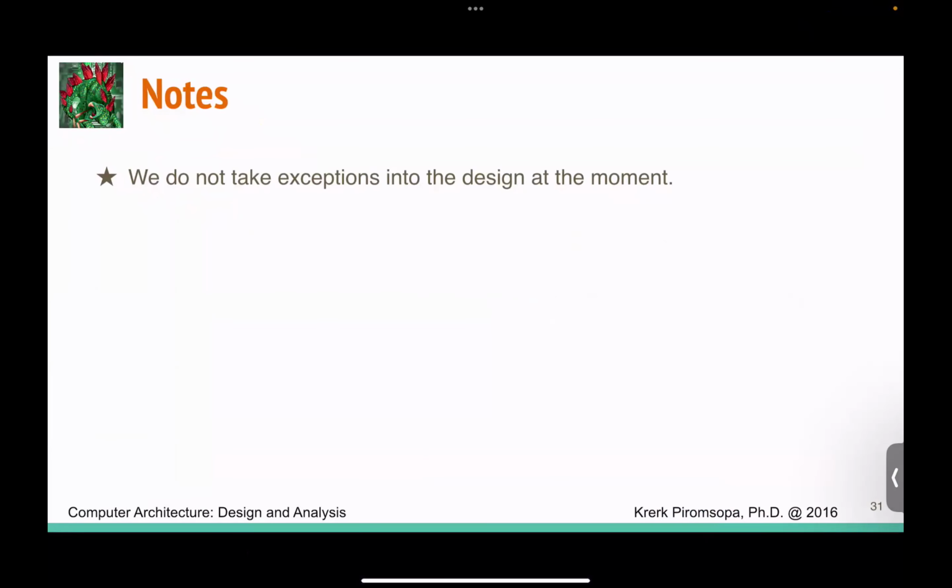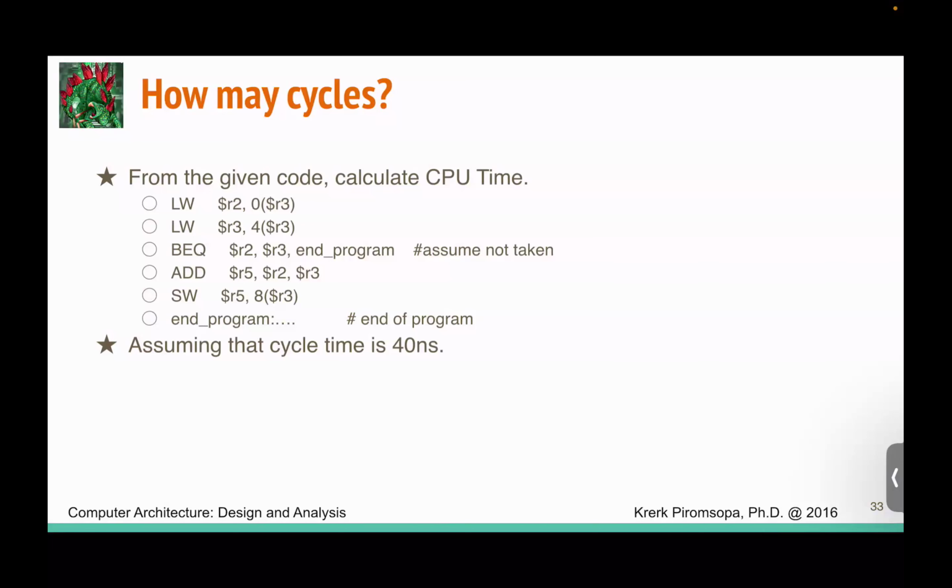Okay, and we ignore the exception for the moment, which would make it difficult. Let's ignore it for now. I got a few exercises that would make you understand, or maybe even worse. Okay, but let's try.